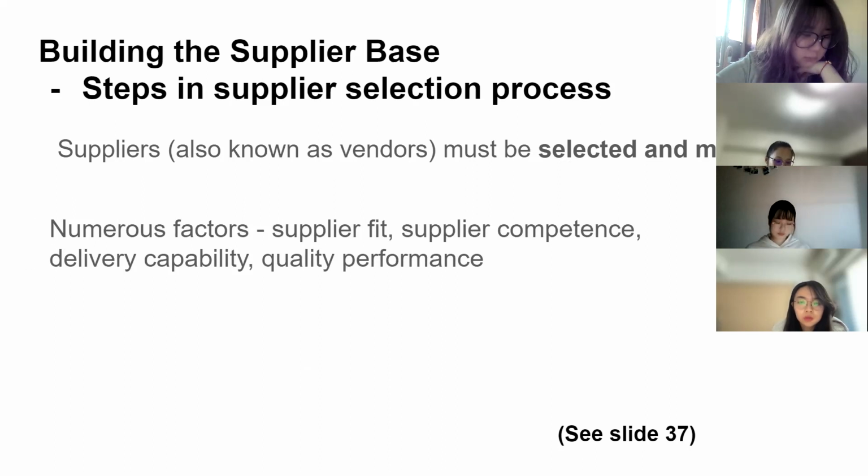Low cost, then you need to actually make sure the suppliers are able to deliver the things that are important if we are striving for low cost. So what kind of suppliers do you actually want?